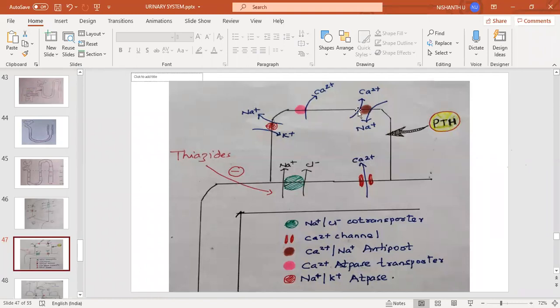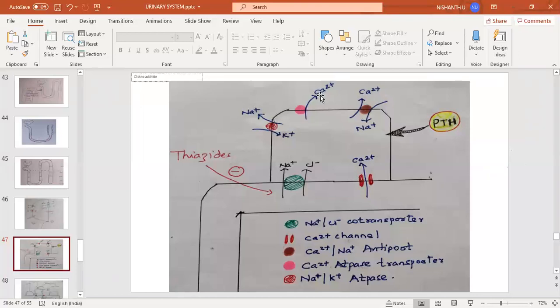It moves out of the cell into the interstitial fluid with the help of sodium. For every calcium moving out of the cell, a sodium enters the cell from the interstitial fluid. So it is a cycle. Continuously calcium is moving out of the cell and continuously sodium is entering the cell.